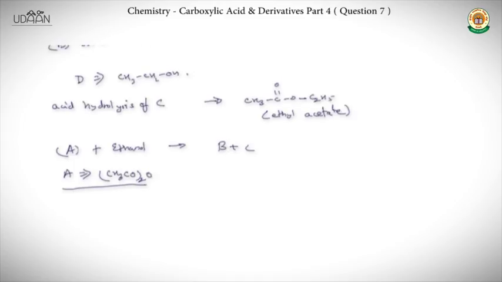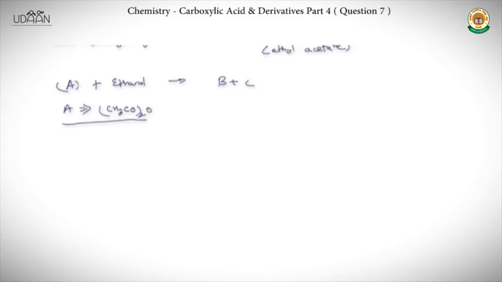So let us summarize how the reaction went. It is (CH3CO)2O, acetic anhydride, which with an alcohol forms acetic acid and ethyl acetate.